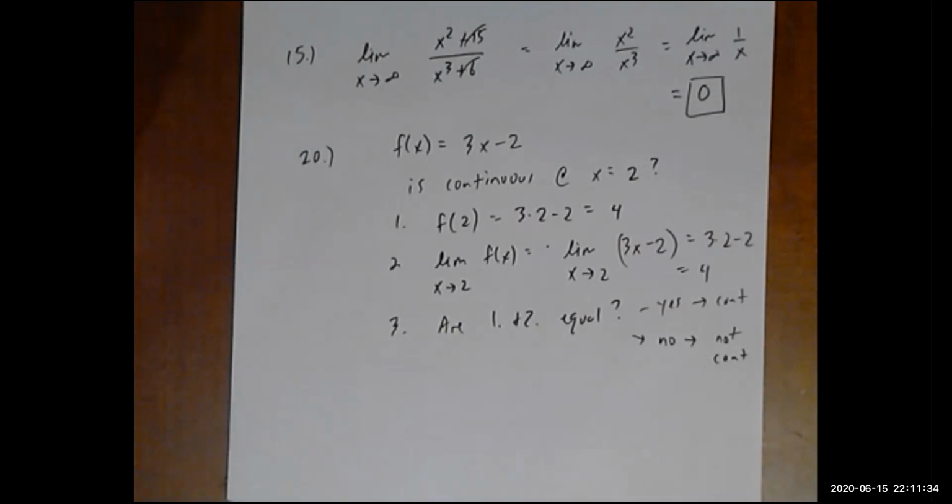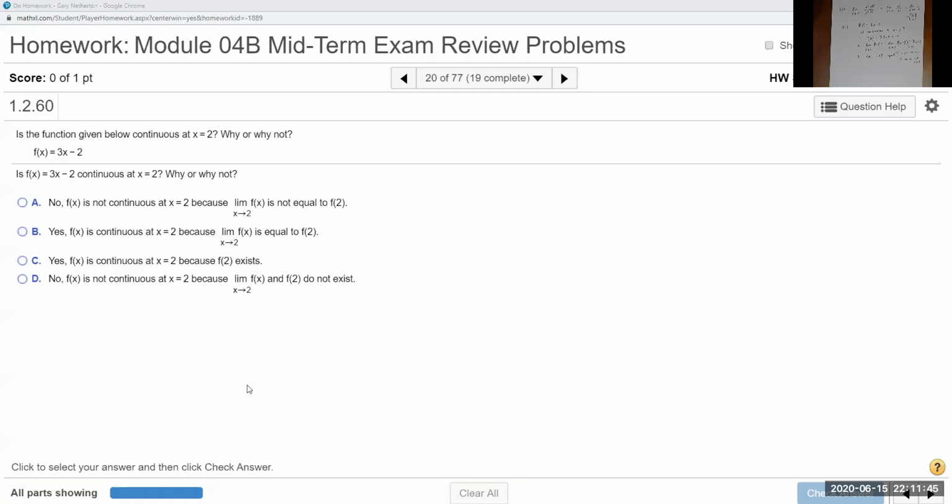Now let's go see what the actual answers are, because there are two yes answers. And let's see if we can figure out which one is the correct one. So B and C are both yes. B says yes, f of x is continuous at 2 because the limit of f of x as x approaches 2 is equal to the function at 2. That's true.